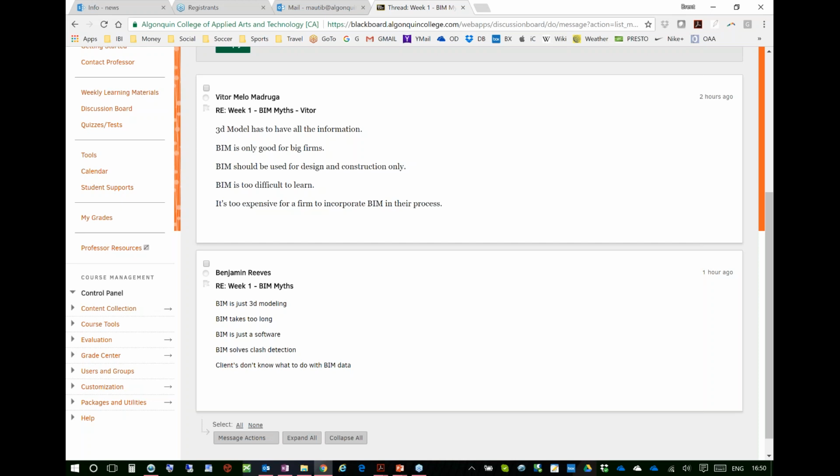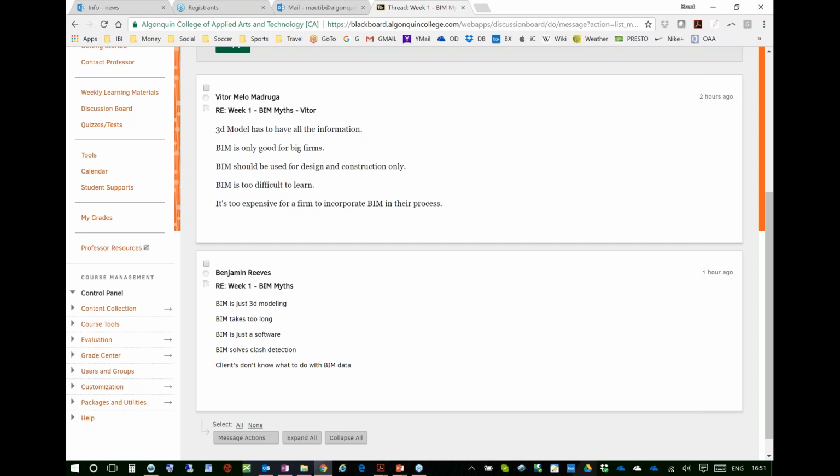And for design and construction, yeah, I think with the Internet of Things, with the other things that you talked about, BIM can also be used on the built environment, after construction, to manage the energy, to see the energy consumption and the performance of a building. I think BIM is also really good for that.